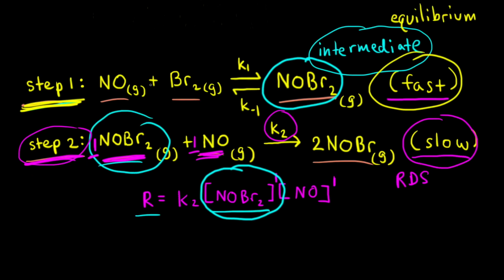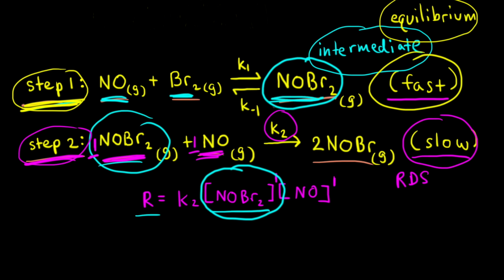If we assume that the first step comes to a fast equilibrium, or a pre-equilibrium, we know at equilibrium the rate of the forward reaction is equal to the rate of the reverse reaction. In the forward reaction for step 1, NO combines with Br2 to form NOBr2.